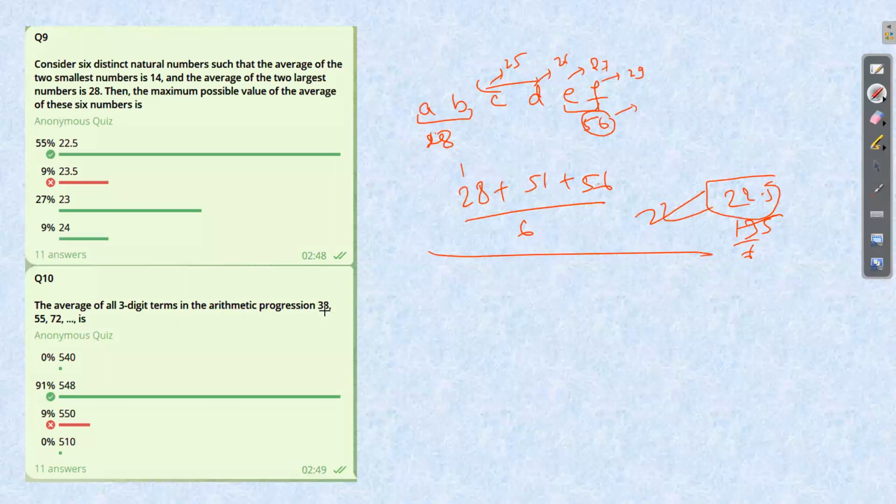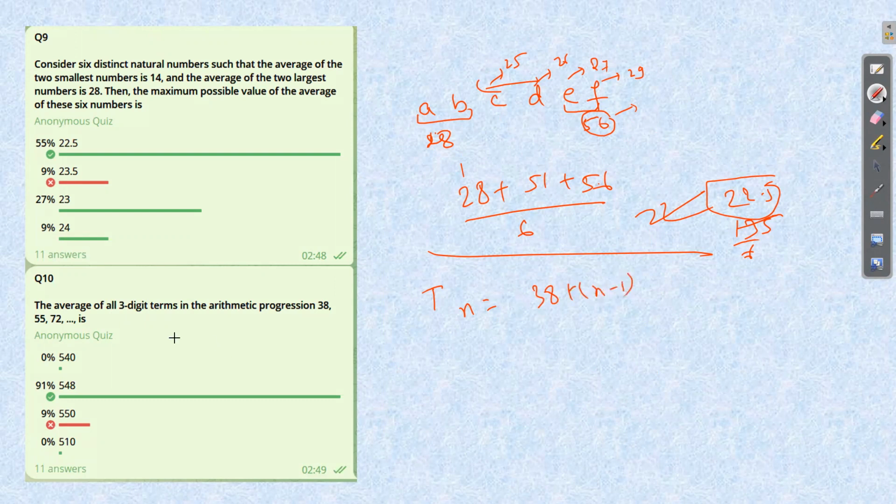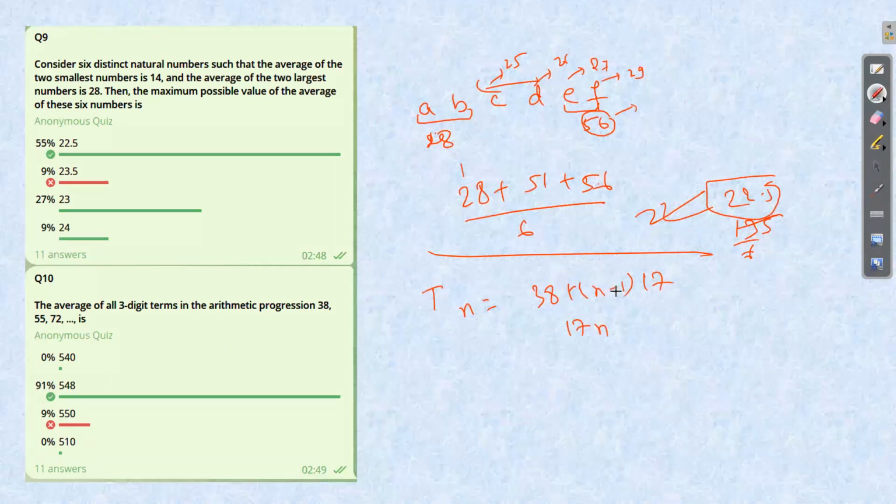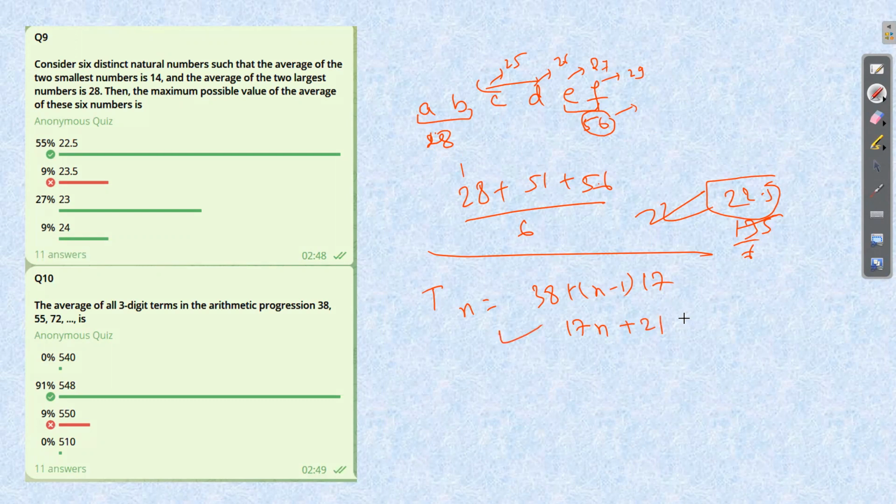The average of all the six numbers. So let's find the nth term. The nth term will be 38 plus (n minus 1) times 17, which is 17n plus 21. It has to be greater than 100. 17n plus 21 greater than 100, so 17n greater than 79. 17 times 5 is 85, 17 times 4 is 68.